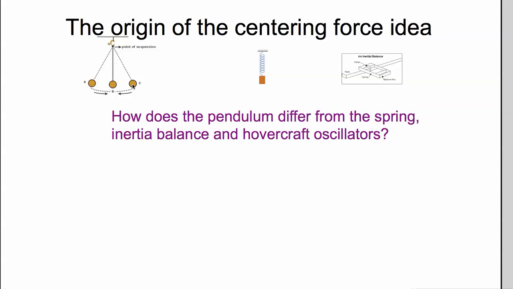We began trying to understand that by looking at how the pendulum differs from the spring, inertia balance, and hovercraft oscillators. And there were some differences that people in class brought up.